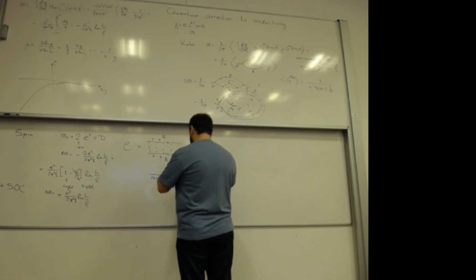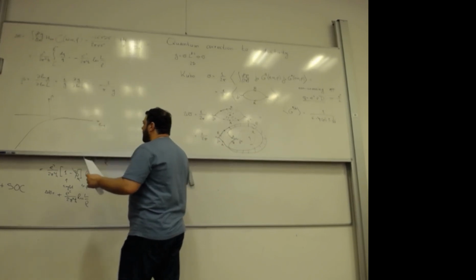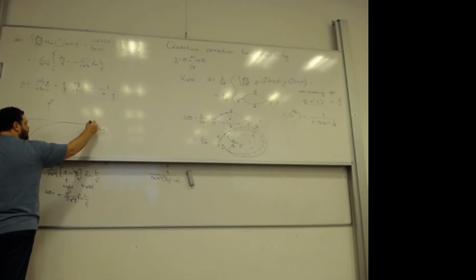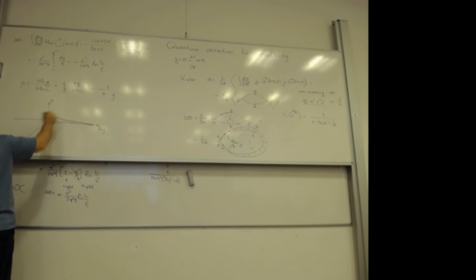So I actually have this picture. We have a positive correction to conductivity, which means that the beta function deviates from 0 in the positive direction when we come from the classical limit. We draw this scale with negative direction.